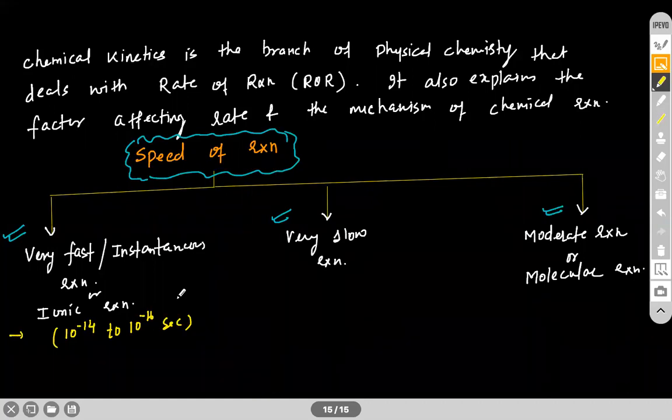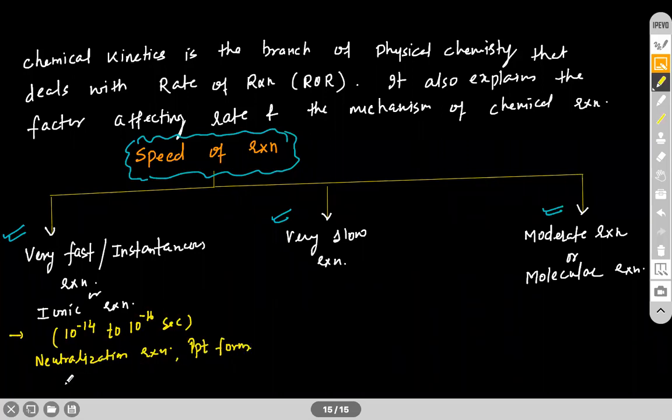For example, we can have neutralization reaction, acid-base reaction, which are very fast reactions. NaOH plus HCl gives NaCl plus water. Or the reaction in which precipitate forms, PPT stands for precipitate.